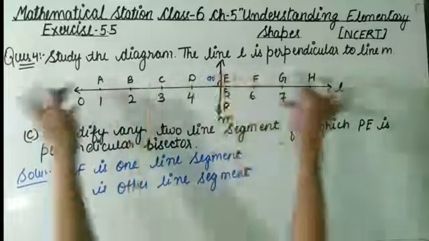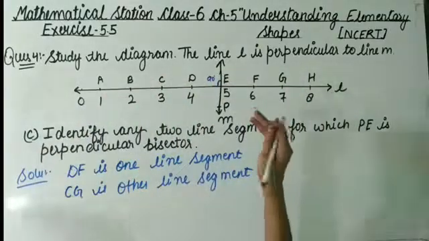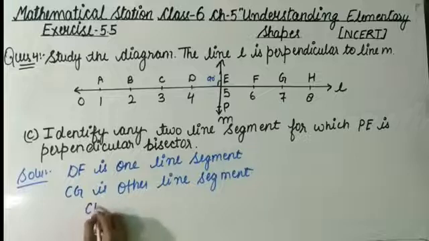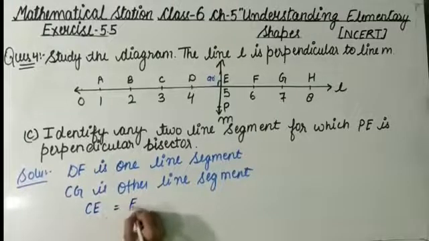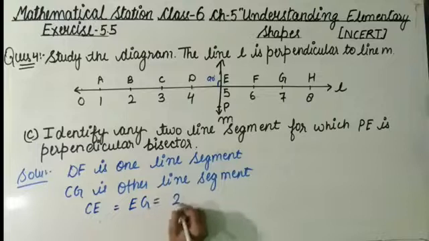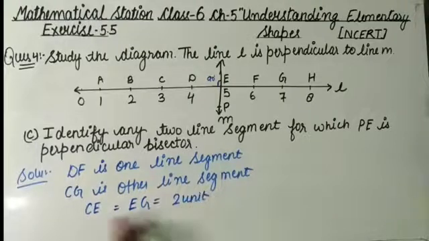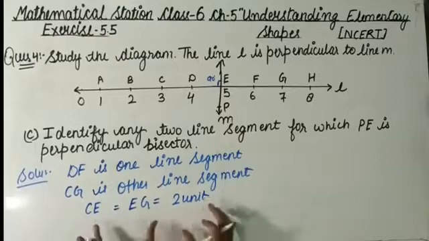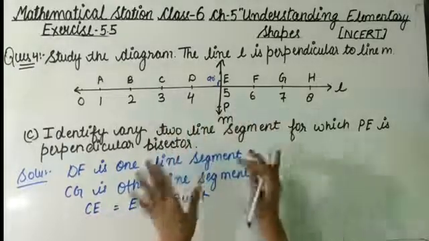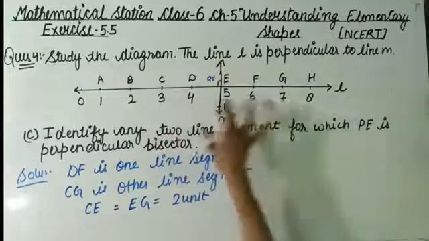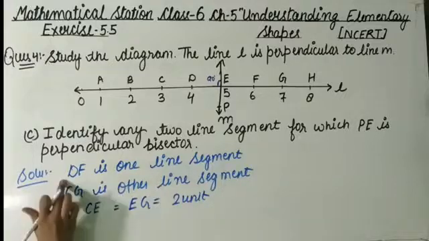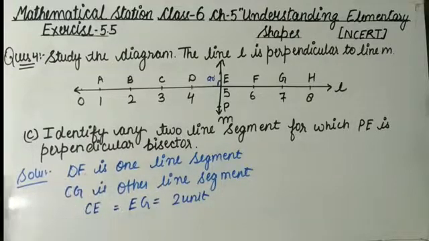CE and EG are of 2 units. So our two line segments are DF and CG.